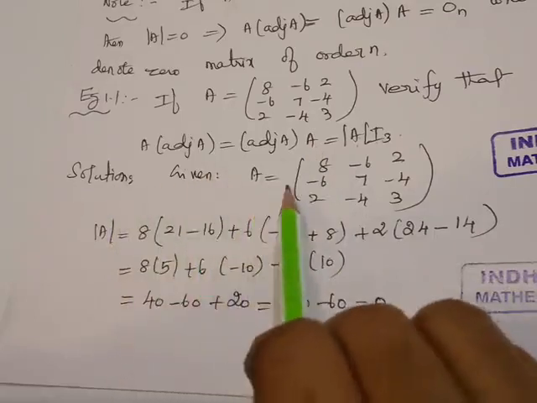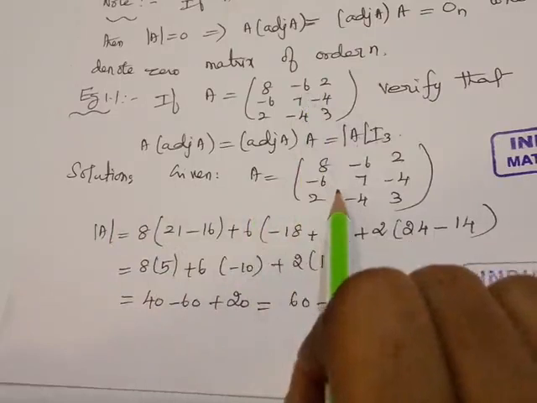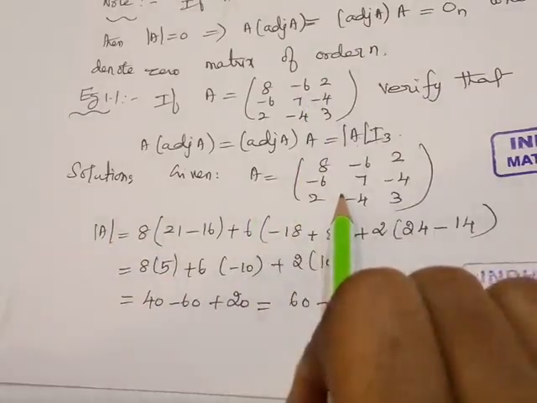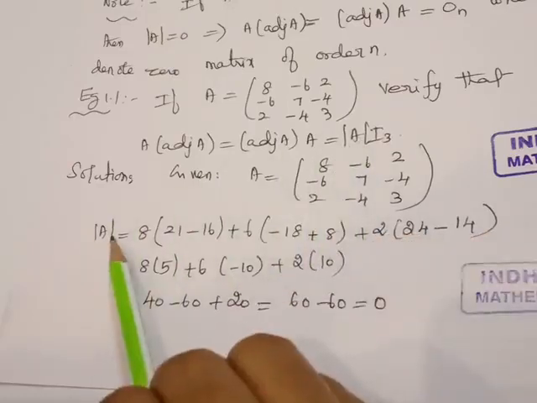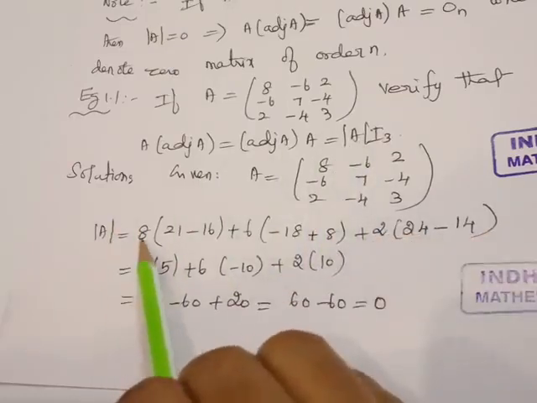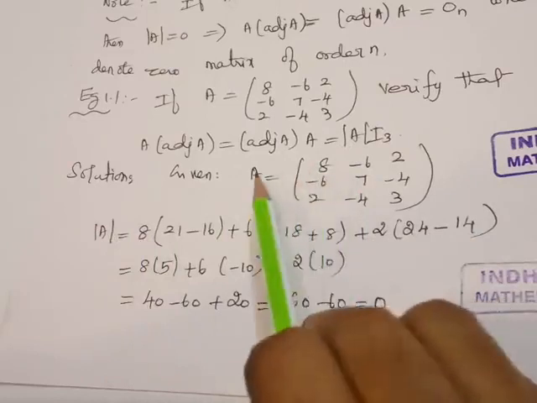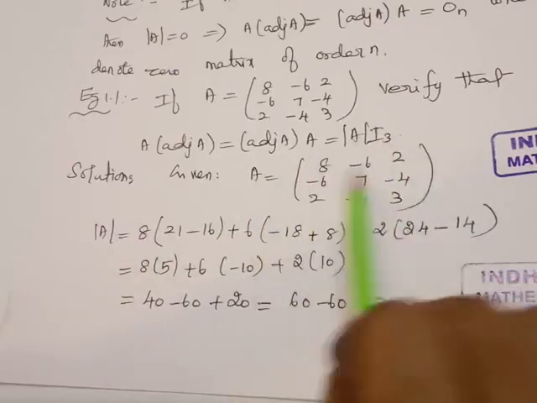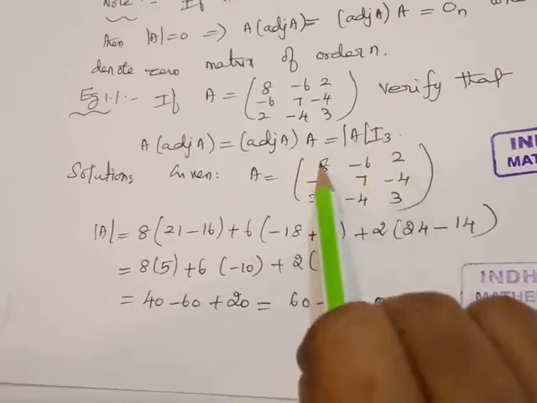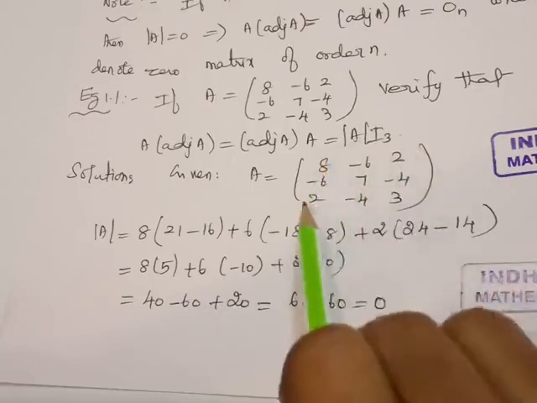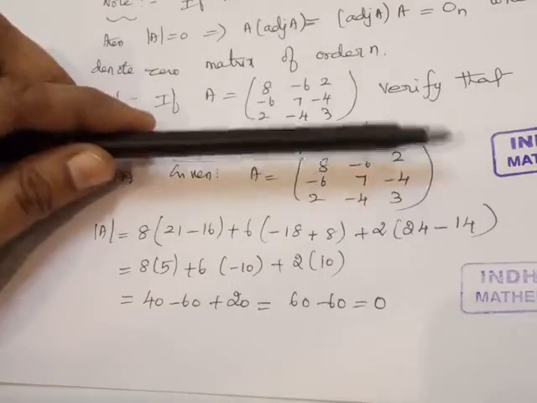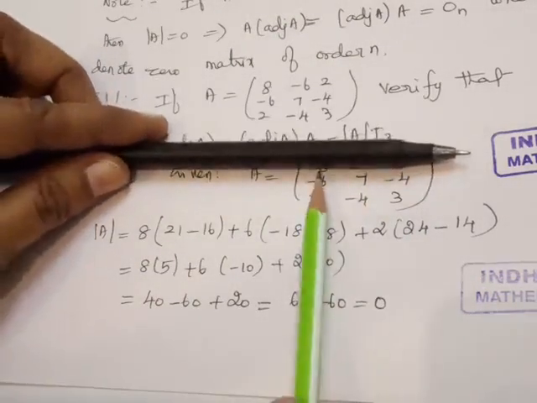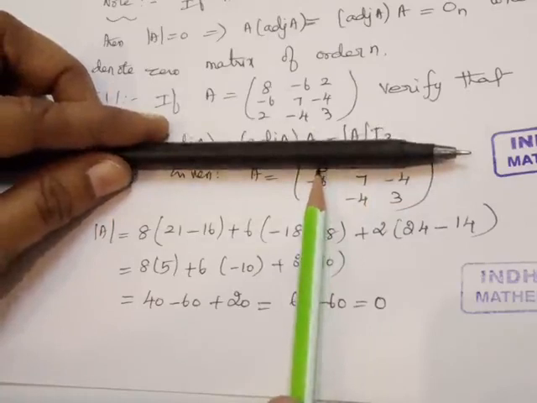Given A is equal to the given matrix we have to consider. Then I'm going to start with determinant A. I'm going to expand A along the first row. The first element, that is first row, first column element, is 8 into, we delete the corresponding row and column and find the determinant for the remaining.